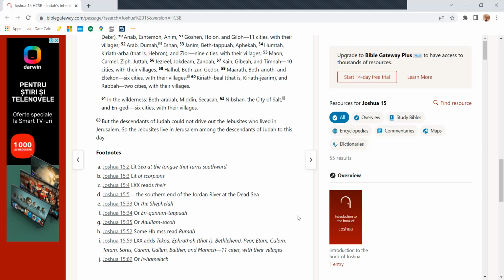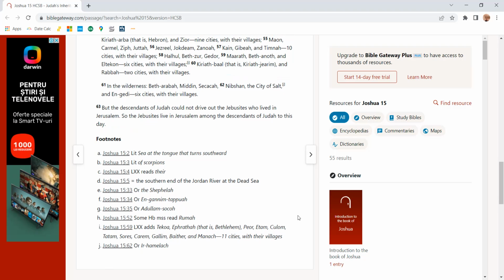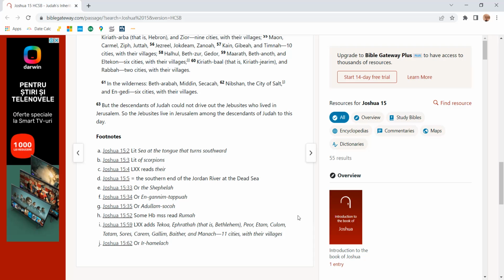Maon, Carmel, Ziph, Juttah, Jezreel, Jokdeam, Zanoah, Kain, Gibeah, and Timnah: ten cities with their villages. Halhul, Beth Zur, Gedor, Maarath, Beth Anoth, and Eltekon: six cities with their villages. Kiriath Baal, that is Kiriath Jearim, and Rabbah: two cities with their villages.